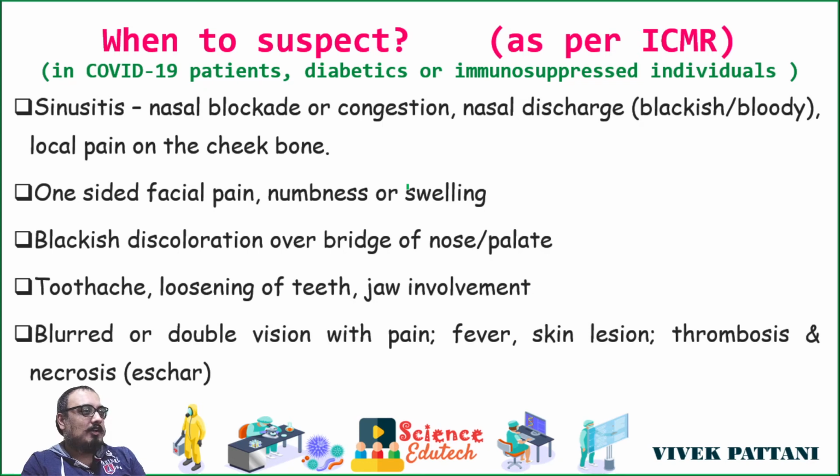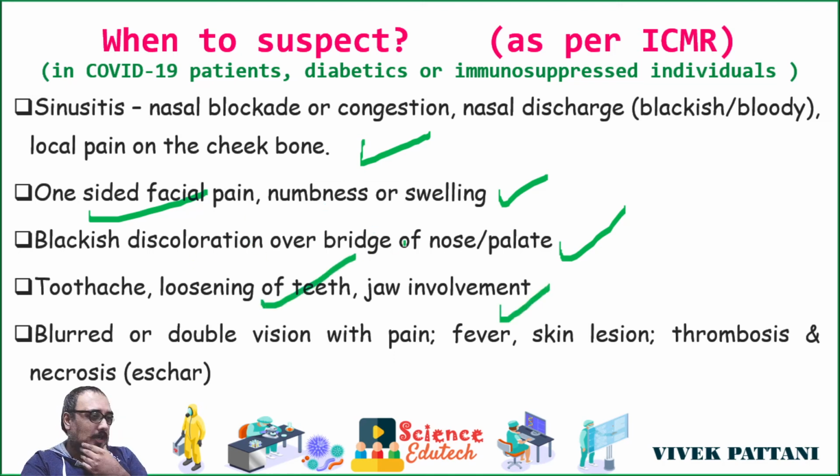In COVID-19 patients or diabetic or immunosuppressed individuals, the first one is sinusitis: nasal blockade or congestion, nasal discharge which may be black in color or may even have blood, and local pain on the cheekbone, one-sided facial pain, numbness, swelling, blackish discoloration on the bridge of the nose or palate, toothache, loosening of teeth, jaw involvement, pain.